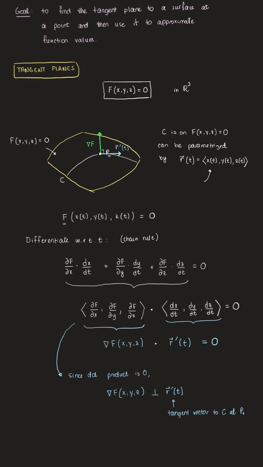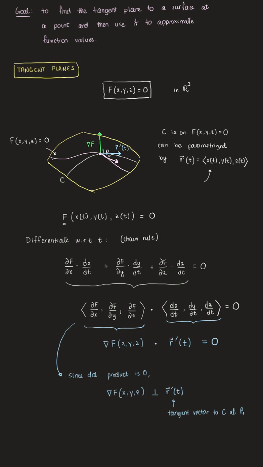Okay, now let's think a little bit more. Well, does this gradient then serve as our normal to the plane, to the surface? Well, it does, and here's why. Suppose that I have a different curve that passes through that point that's also on the surface. Well, its derivative vector will also be perpendicular to the gradient because of how we derived this relationship.